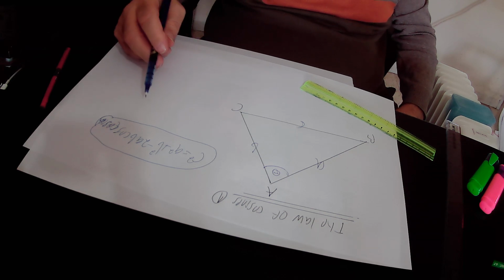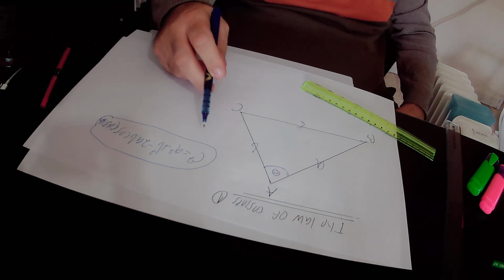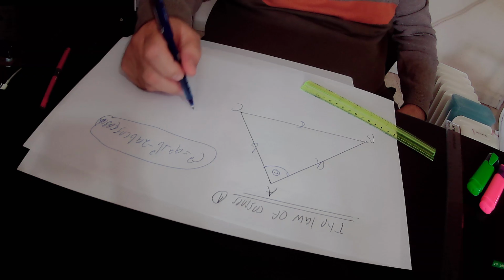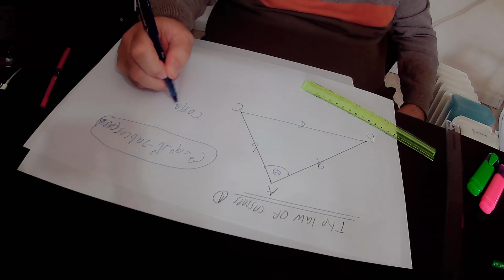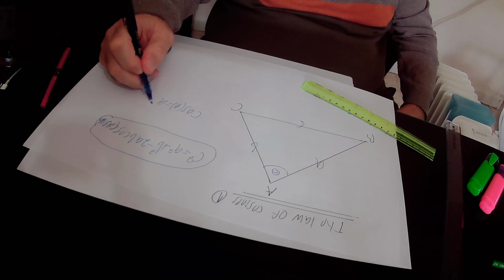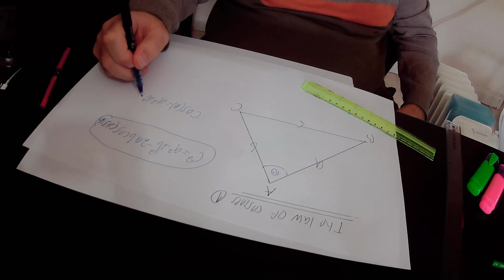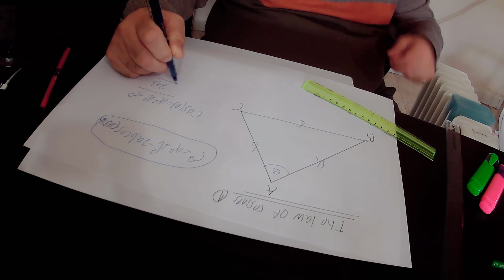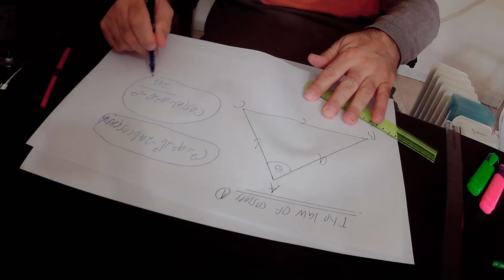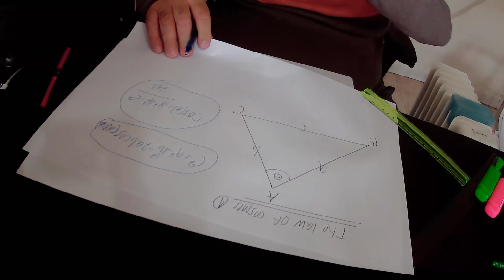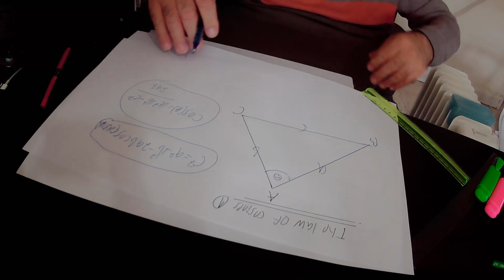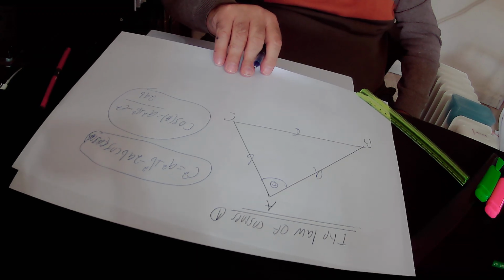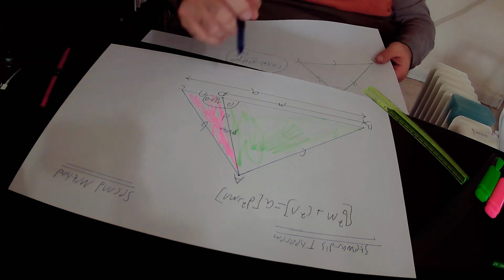So if we add to this equation 2 times AB cosine theta, then subtract C squared, and then divide this equation by 2 times AB, we will get that cosine theta equals A squared plus B squared minus C squared over 2 times AB. And this equation is true in any triangle. So we will implement this law, the law of cosines, in the green triangle ABD.